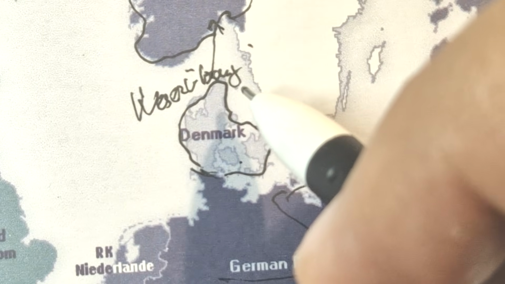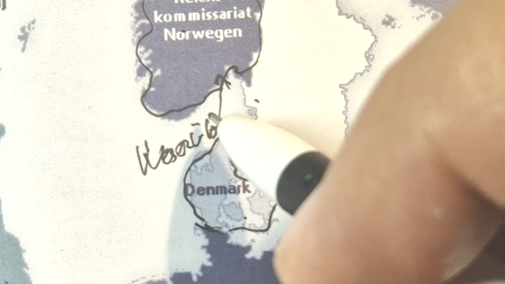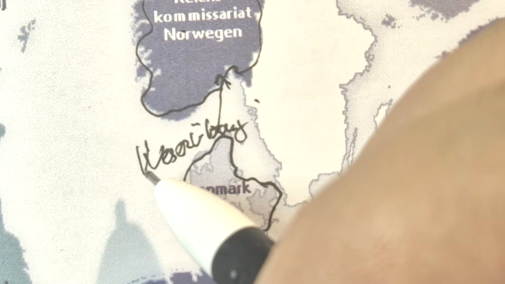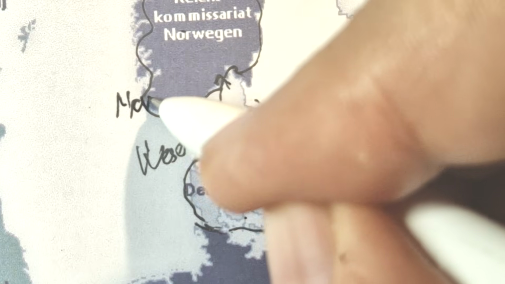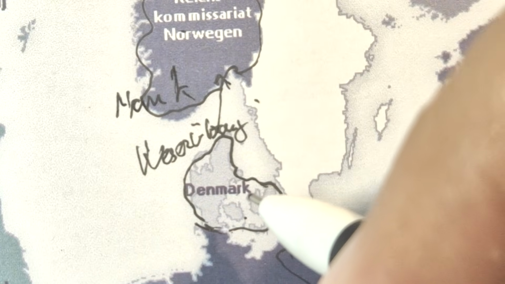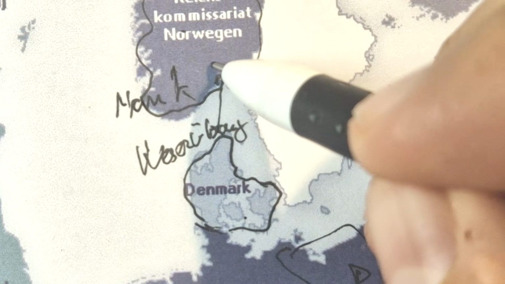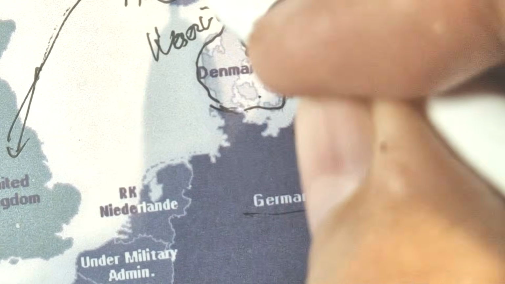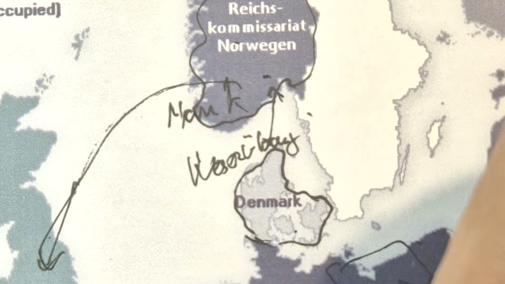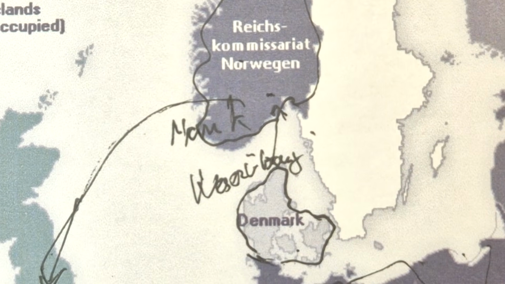The most incursions and heavy fighting were at Narvik. The exiled government of Norway flees to London.